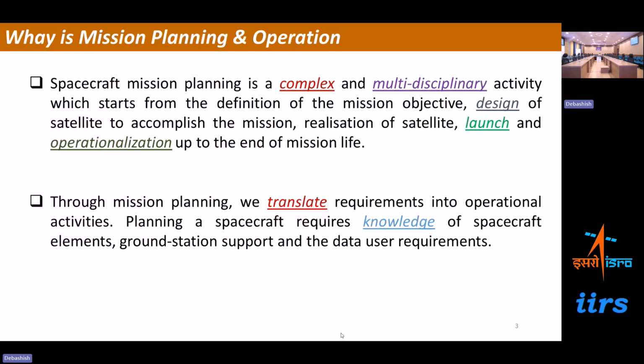They should have proper knowledge of all the equipment, how the space segment is working and how the ground segment is working. This knowledge they should have to carry out the operation. I will be talking about the space segment and ground segment in detail.